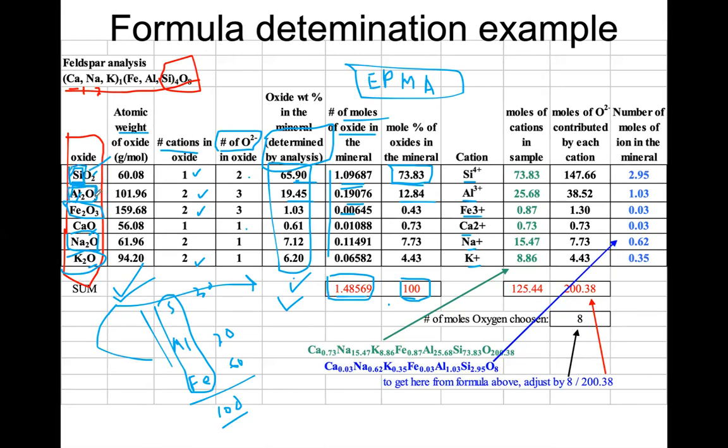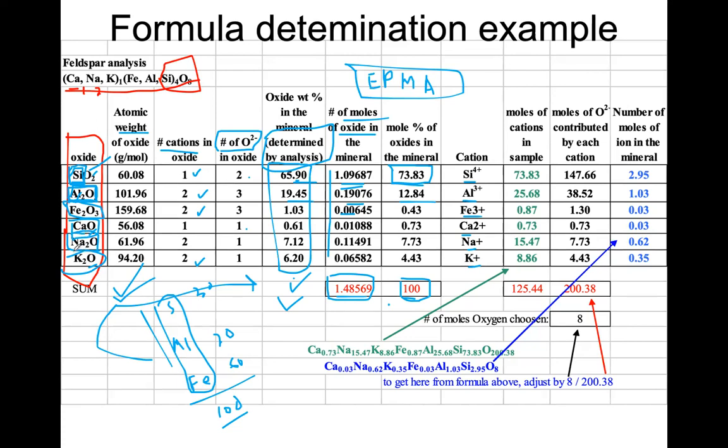If you have 1 mole of alumina, aluminum oxide, you are supposed to have 2 moles of aluminum there, right? Here, calcium: if you have 1 mole of calcium oxide, you are supposed to have 1 mole of divalent calcium cation there.